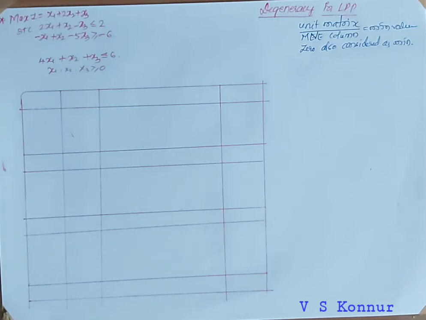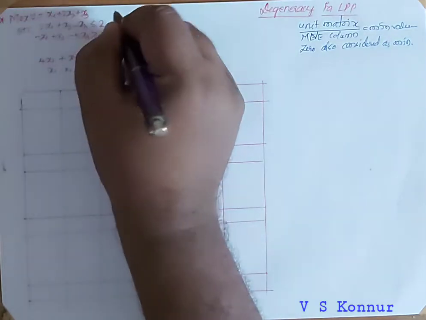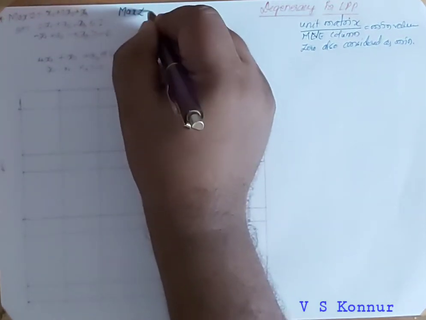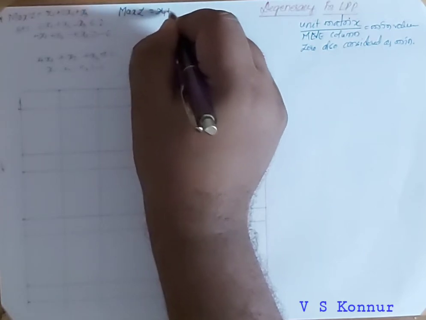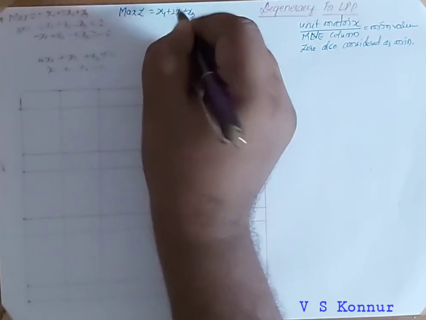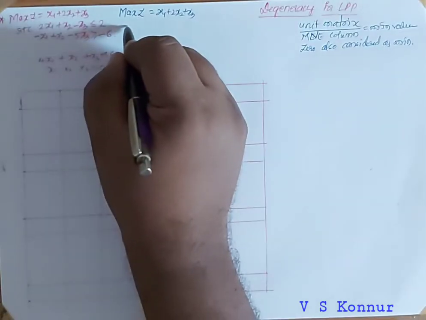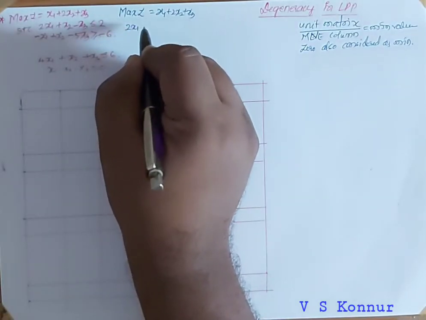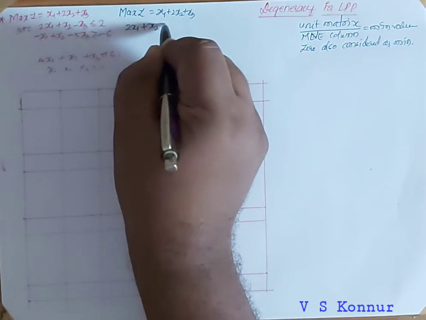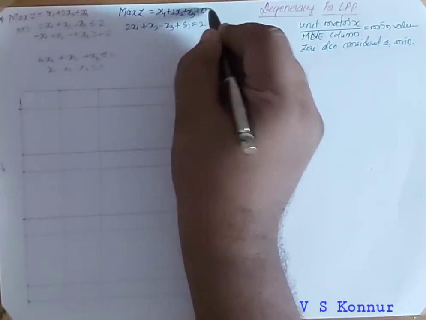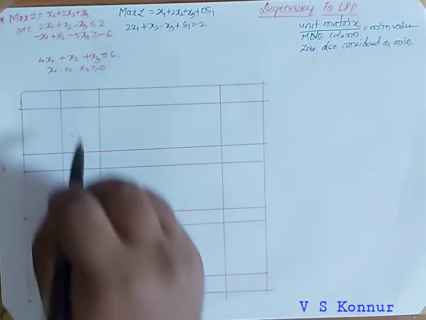Now, max of z is equal to x1 plus 2x2 plus x3, we'll bring it to standard form. The first constraint is as same as simplex method: 2x1 plus x2 minus x3 plus s1 is equal to 2, and I will add 0 s1 in the objective function.